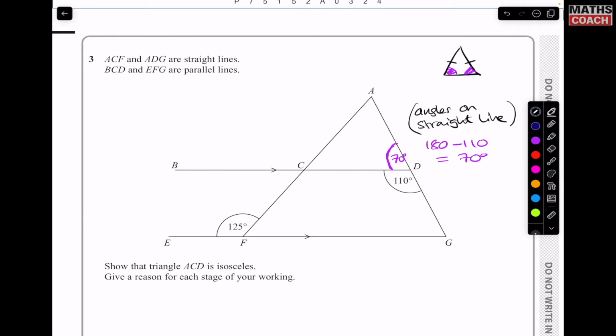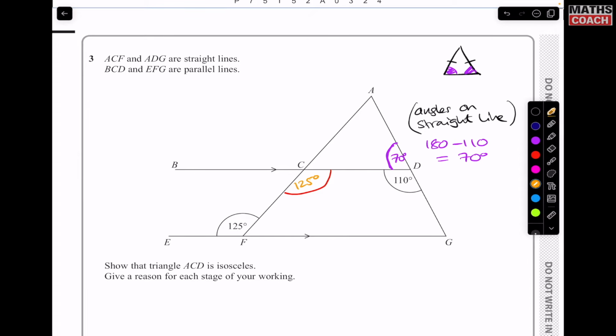So that is 125 degrees. Why? It's an alternate angle. So you could say something like angle FCD is 125, and why? The reason is it's an alternate angle.